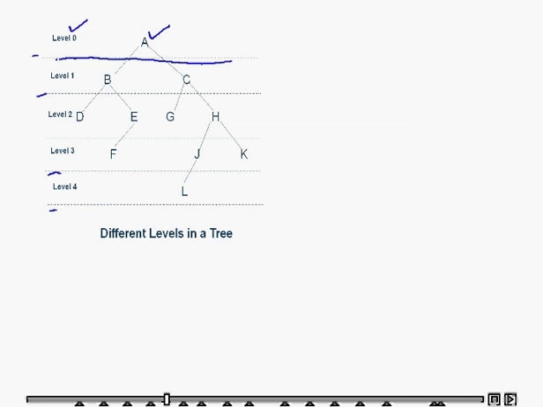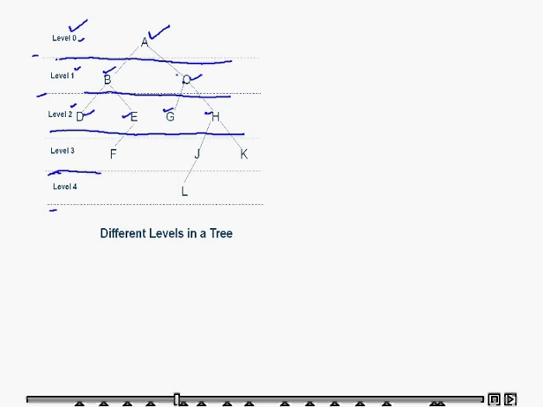The two child nodes of A, B and C, are at level 1. The immediate children of B and C are D, E, G and H. These are considered to be at one level. So we start our numbering from 0, then 1, then 2.